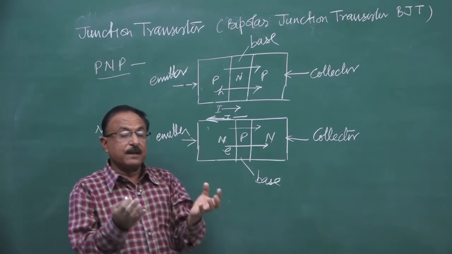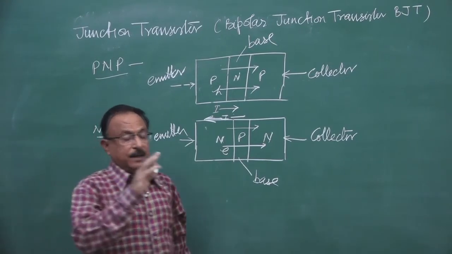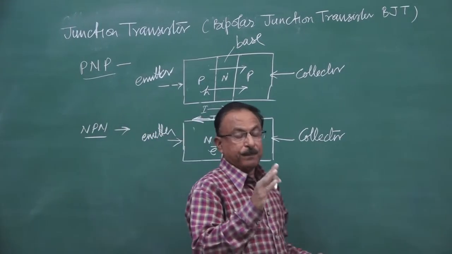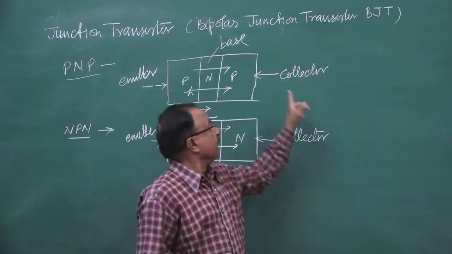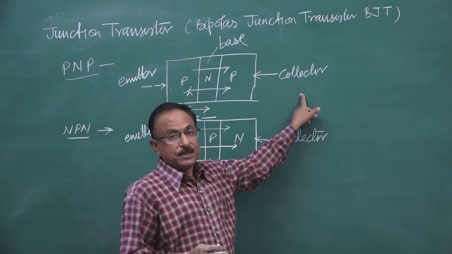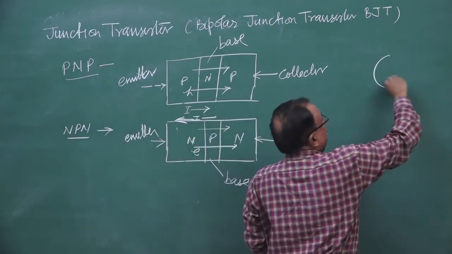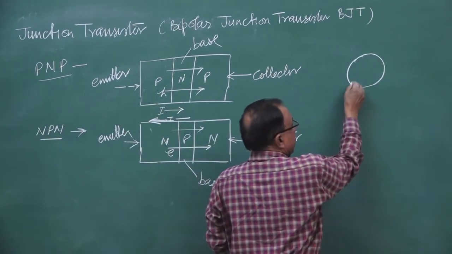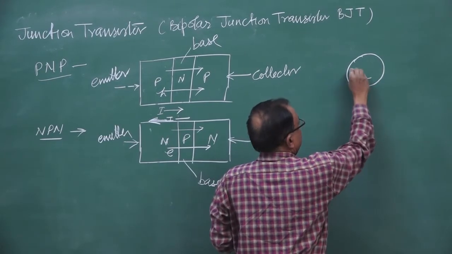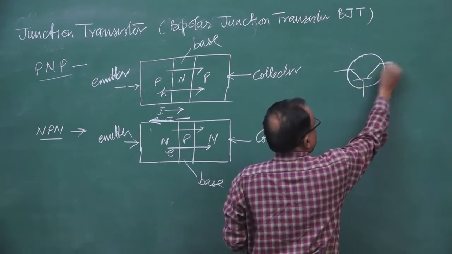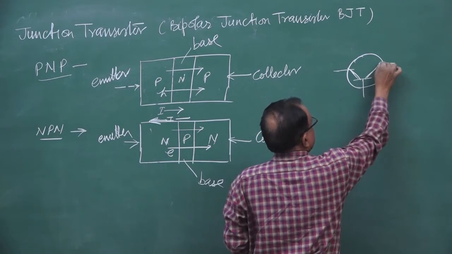Now how do we make a symbol of it? Like we have got the symbol for PN junction, similarly we have the symbol for NPN junction and PNP junction transistor too. Here we make the symbol in a circle, like this.